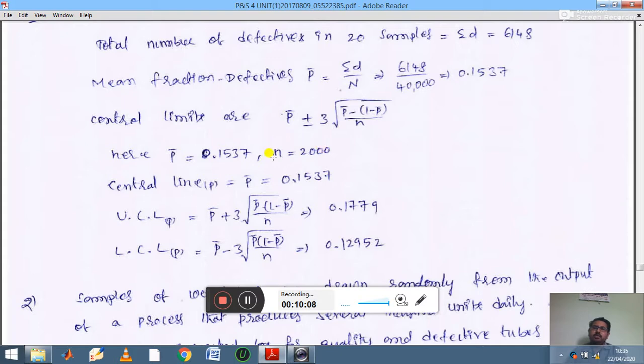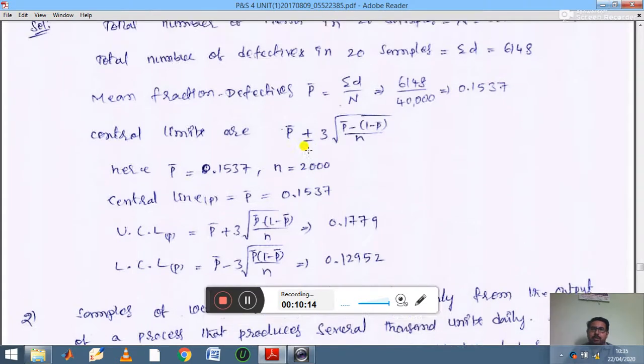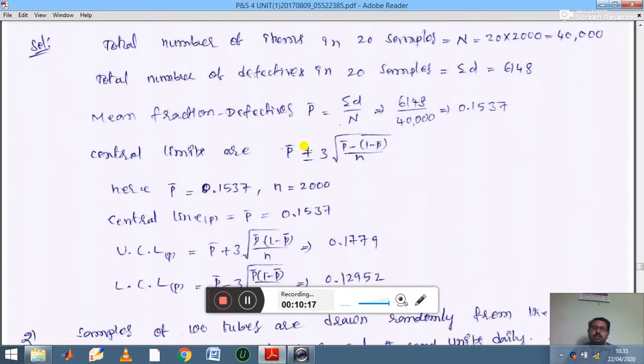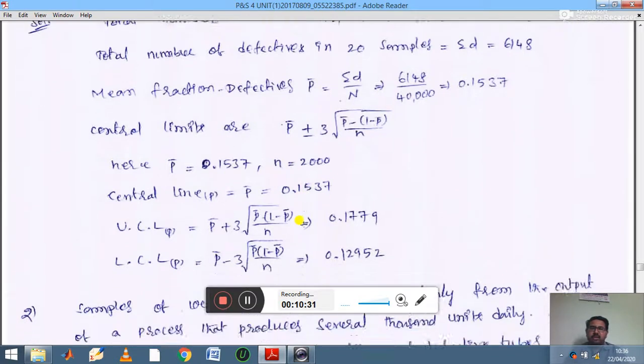Here P bar value you calculated is 0.1537, n value, capital N value is 2000, right? Here, sorry, small n value is 2000, means number of items in each sample, because capital N value you calculated as 40,000, here small n value is 2000, you please don't confuse. Then CL value, so your P bar value acts as a CL, solid line, 0.1537.